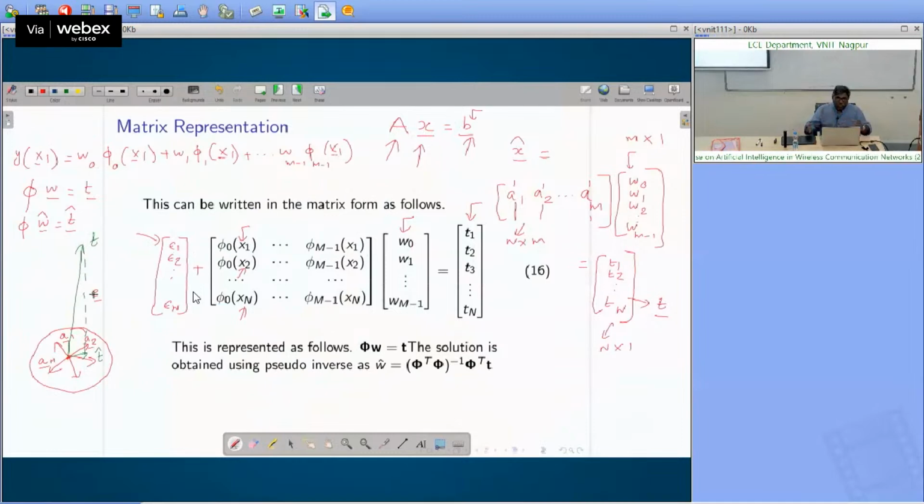So I need to do this perpendicular projection. I'm not going to do the proof, it's a very simple proof. So the solution happens to be phi transpose phi whole inverse, phi transpose T. This is the solution.